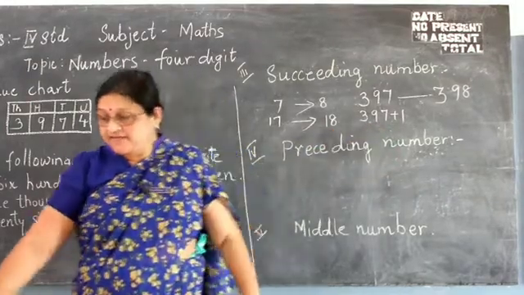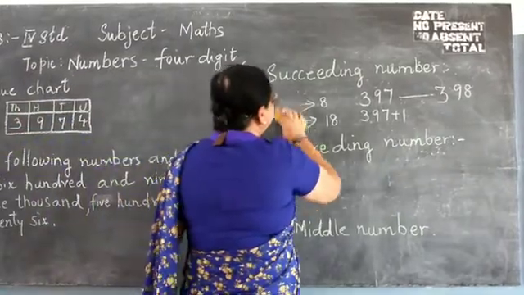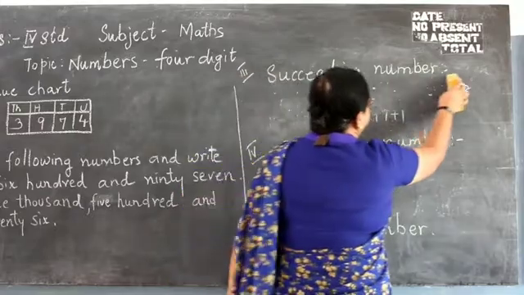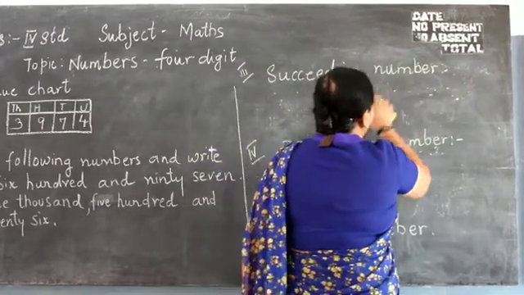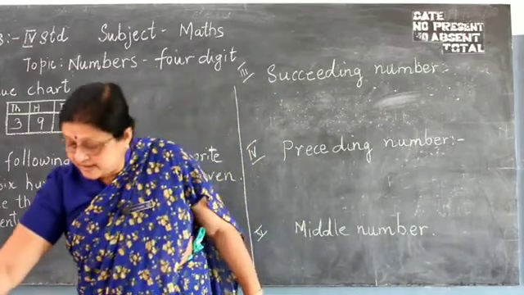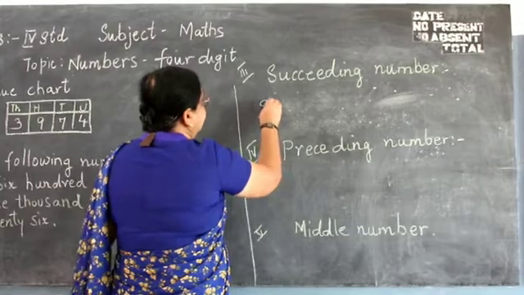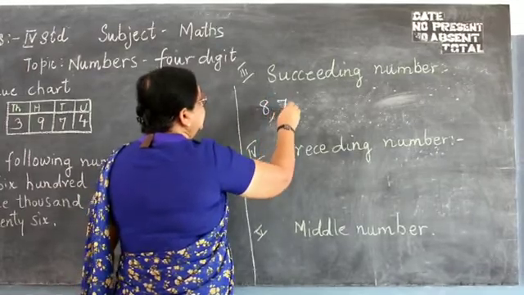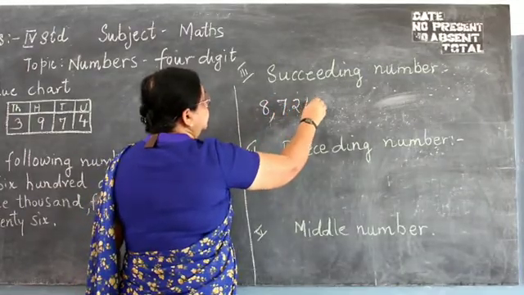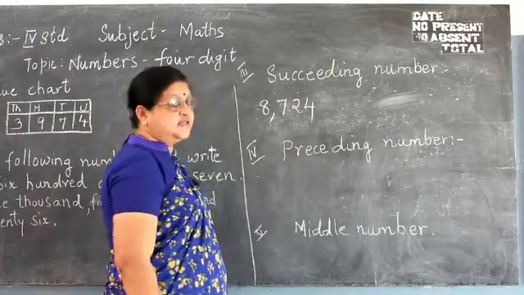Now today we will do in 4 digit. Now 4 digit, children, in succeeding number, I'll give you one example. For example, 8,724. What is the succeeding number if they ask you?